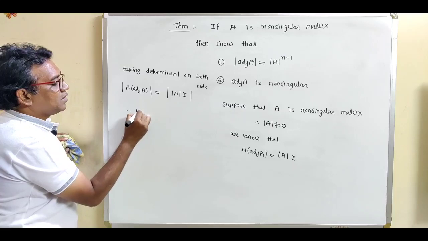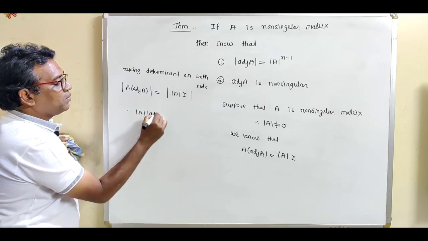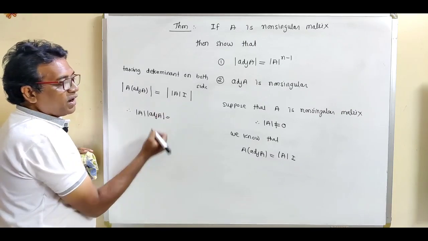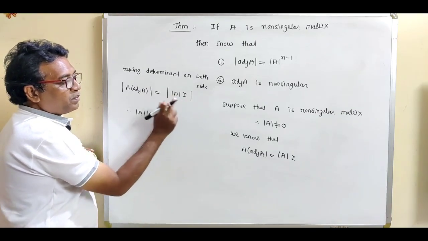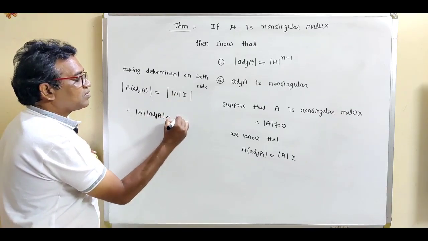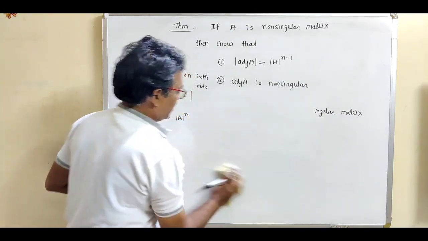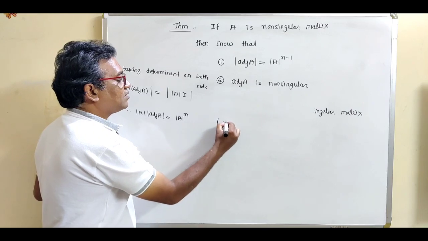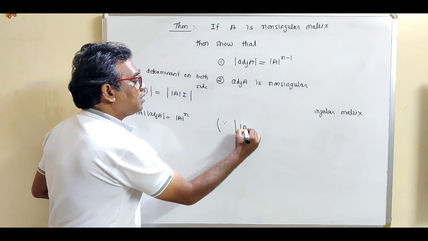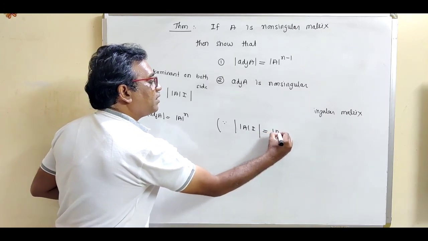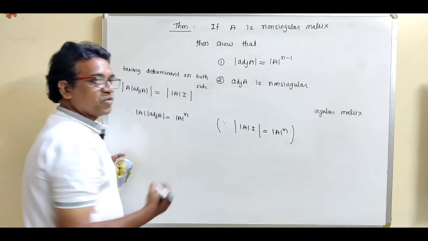So this is determinant A into determinant adjoint A, and this is the formula: determinant of determinant A into I is given by determinant A raised to n. Just give the reason, this is the reason.